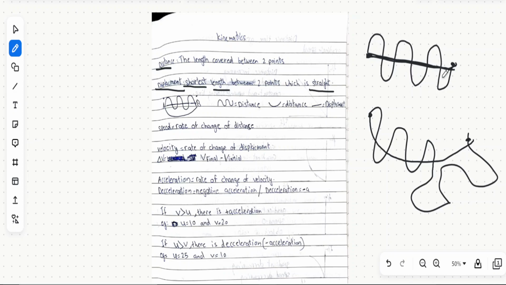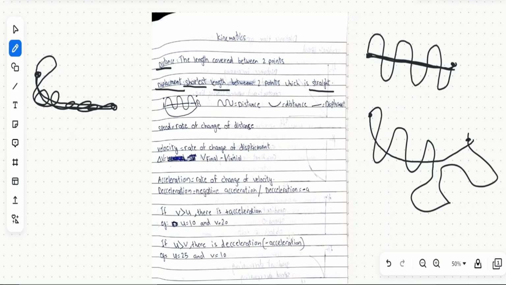So this is my displacement. Similarly, if I have 2 points and I go like this, this can be my displacement as well, and this right here is my distance. Why is that? Because distance is any length, whereas displacement is the shortest length. So the straight line right here.